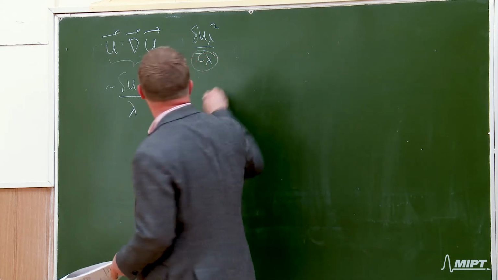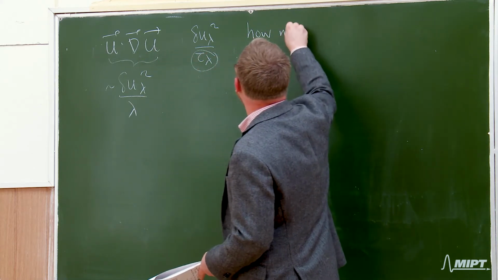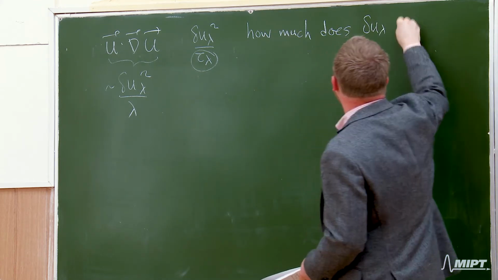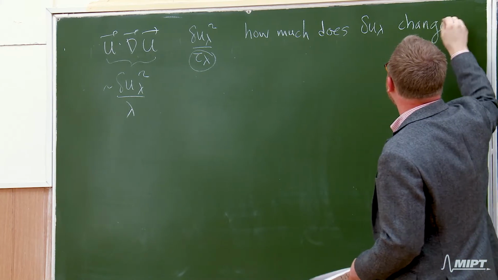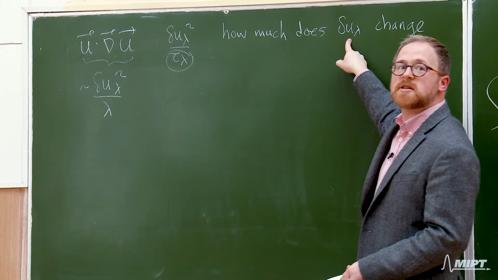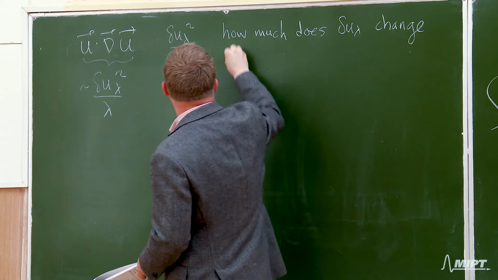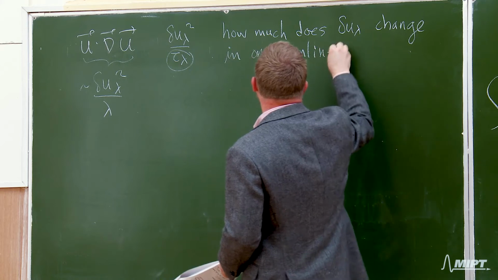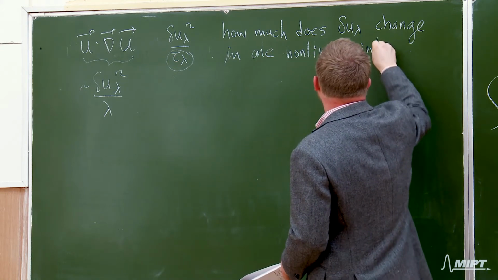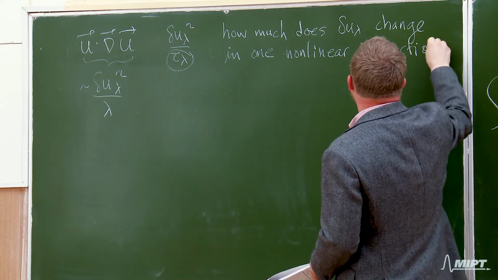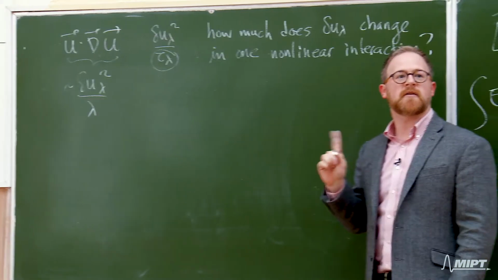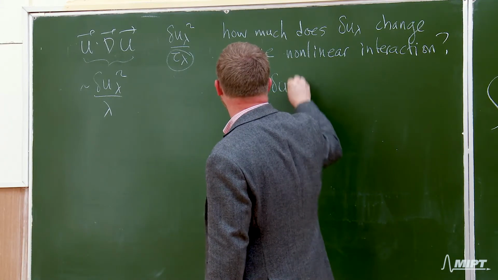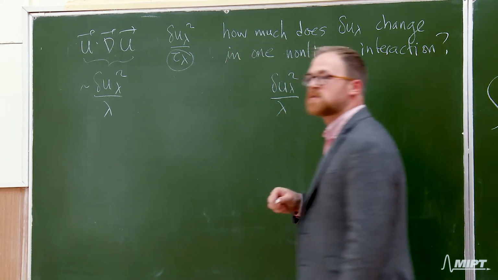If I want to know, how much does this fluctuation change in just one nonlinear interaction? How you do that is you take this nonlinearity and you just multiply by a time.